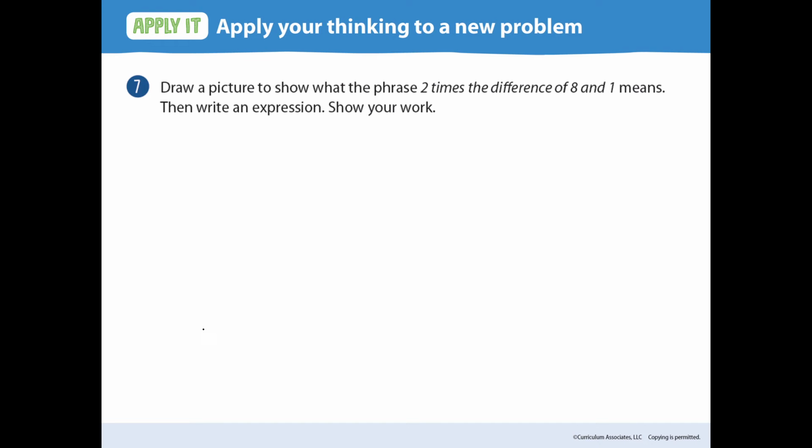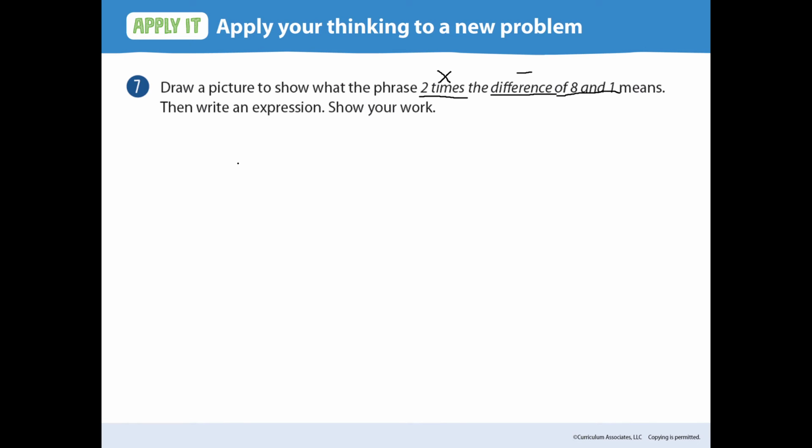So if we're looking at 2 times, that means we're going to be multiplying. Difference means we subtract, the difference of 8 and 1.